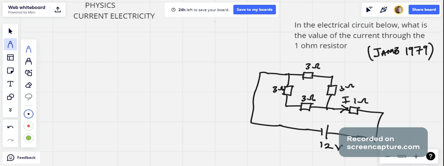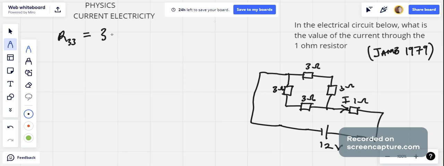Both of these two branches are in parallel to each other. But first, let's analyze the series ones. According to resistance in series, R33 will be what?